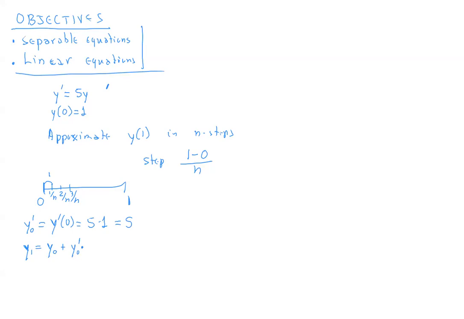And how much is the step? 1 over n, we said, right? So this will be 1 plus 5 over n.